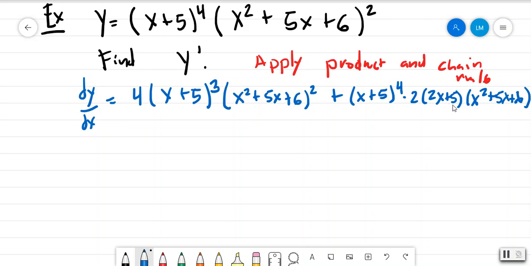Now, this 2x plus 5 came from the derivative of x squared plus 5x plus 6. I mean, you can write it in the back, but it's fine.